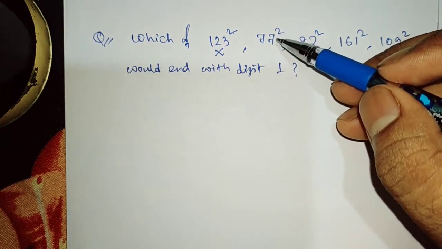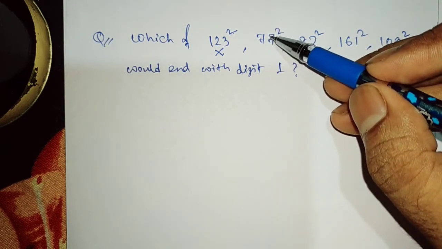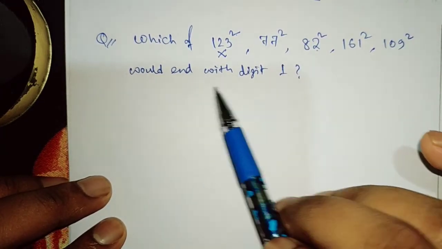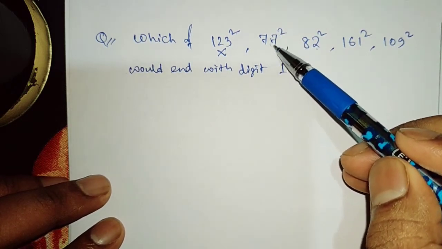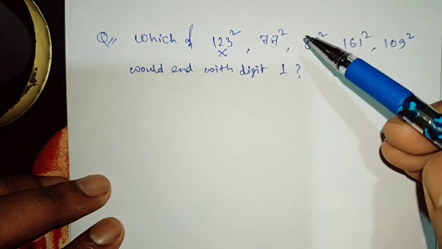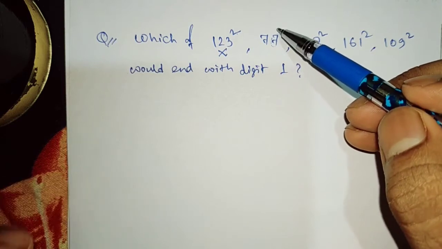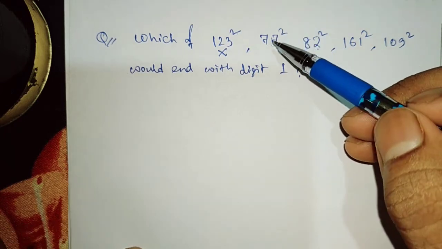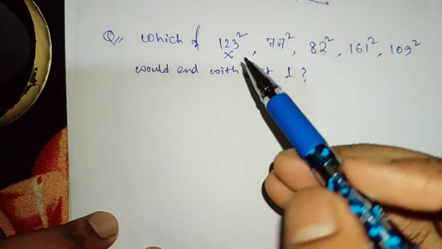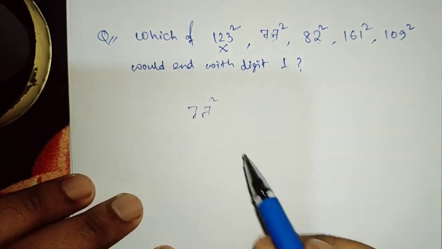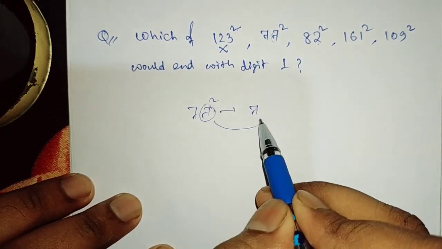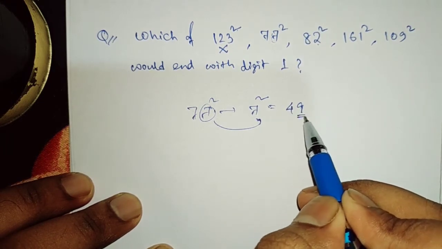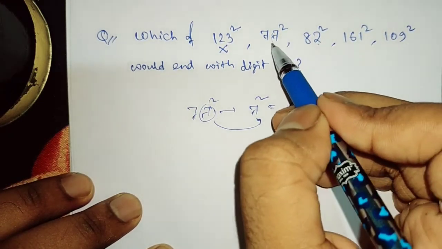If you take 77 square, the last digit is 7. If the question is about the end digit, you just take the end digit, don't care about the rest of the digits. 7 square is 49, and 49's last digit is 9, not 1.